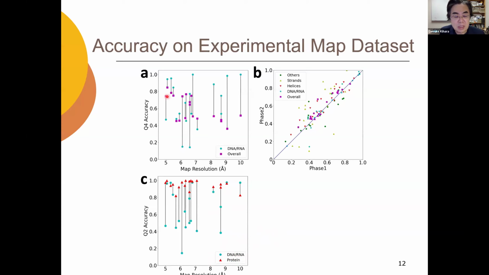The DNA and RNA accuracy is basically the same as in panel A. Even at a resolution close to 10 angstrom, in about half of the cases, the accuracy of detecting DNA RNA is close to 90%, 80 or 100%. Proteins are also predicted very stably all the way from 5 to 10 angstrom. So the classification of protein and DNA RNA is relatively easy for deep learning.